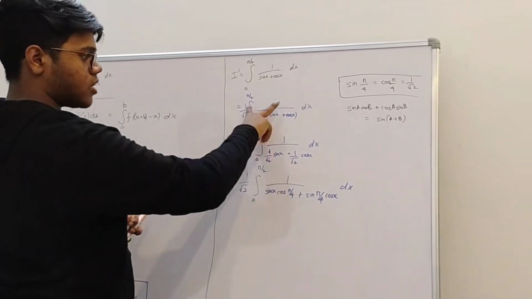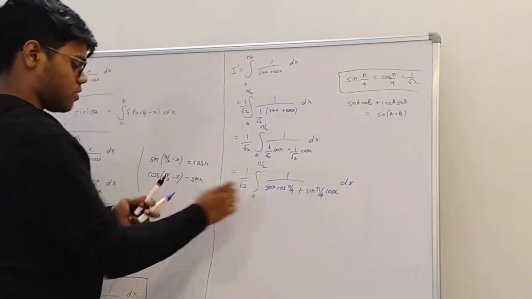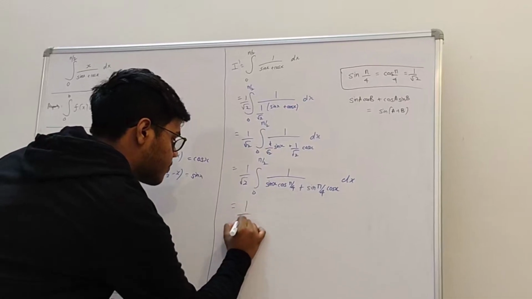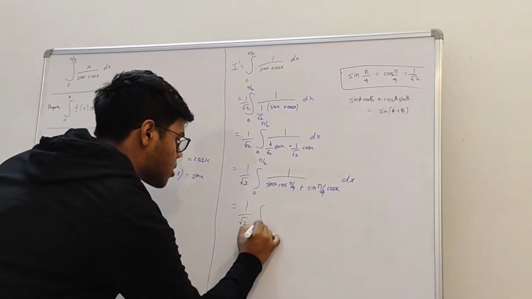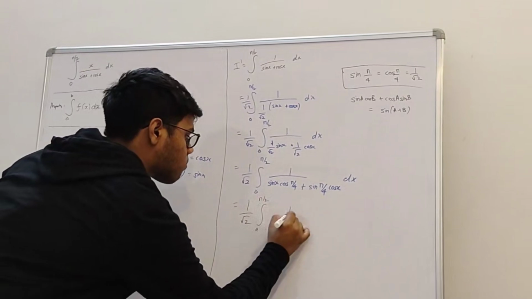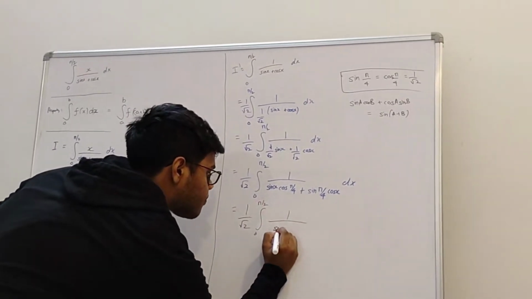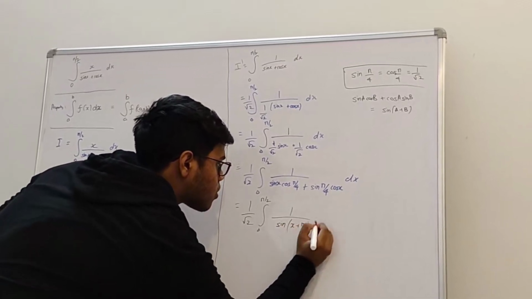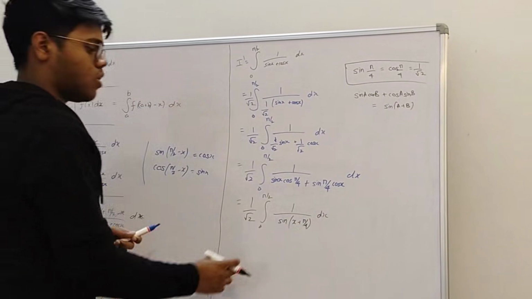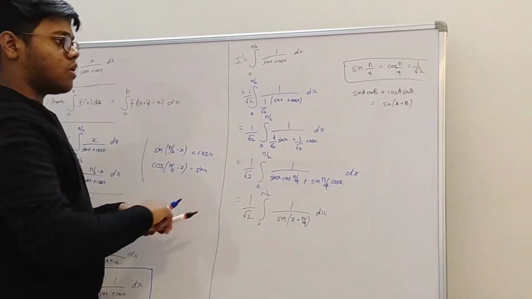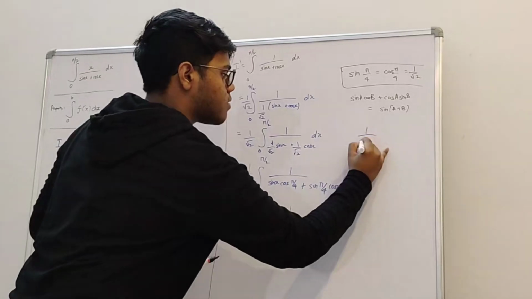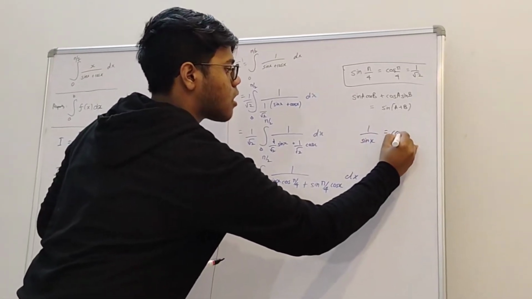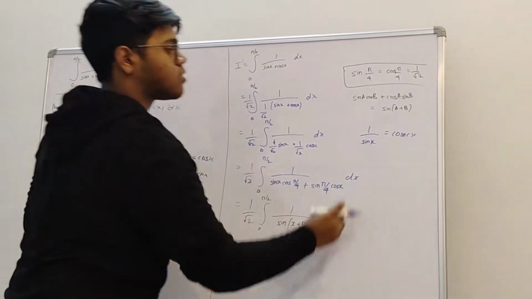Now we brought this expression into this form. So now let's simplify. So 1 by sin x equals cosecant x.